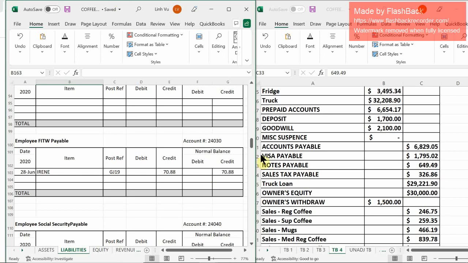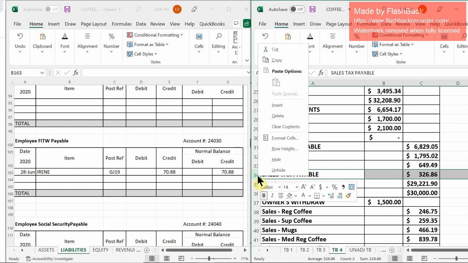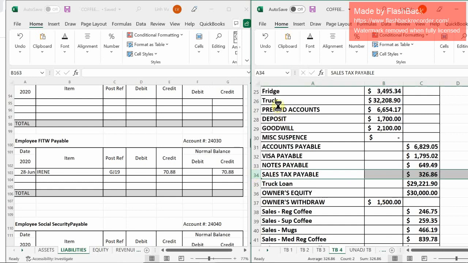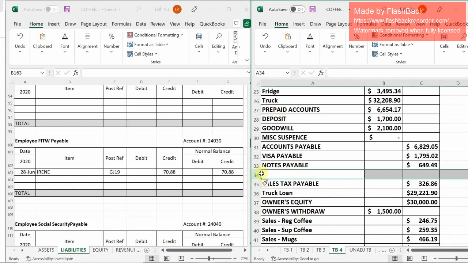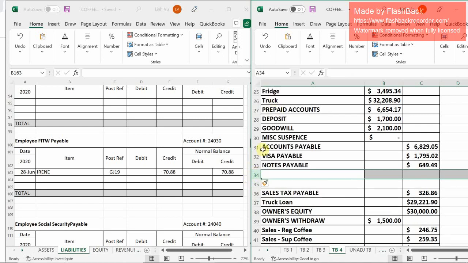Okay. So that means I need to insert a bunch of accounts. How do I do that? I'm going to select this row right here for sales tax payable. I got to click on the number and right click and insert, and it should insert a row above the row that you clicked on, right?